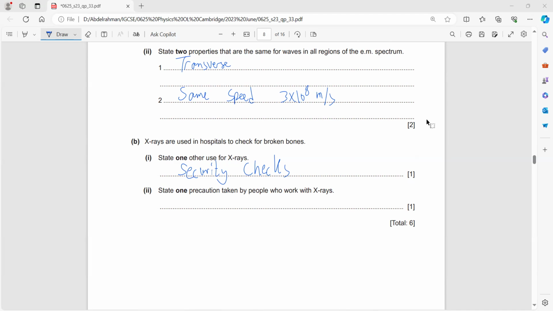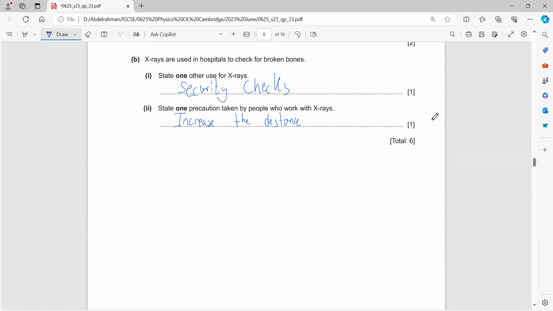They decrease the time of exposure, or they use a shield, or they increase the distance. They have to increase the distance between them and the X-rays. Doctors, for example, can't sit next to the X-ray machine for a long time.